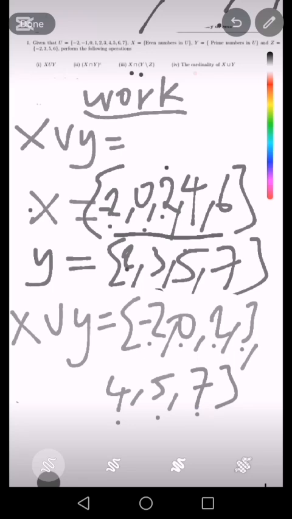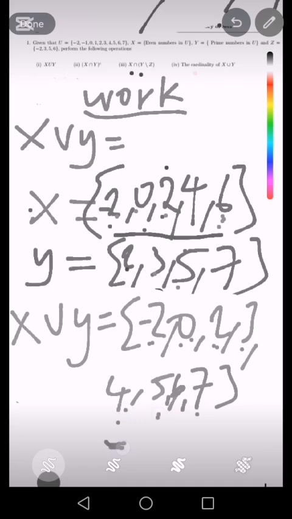So -2, 0, 2, 3, 4, 5, 6, and 7. Now we count: 1, 2, 3, 4, 5, 6, 7, 8.